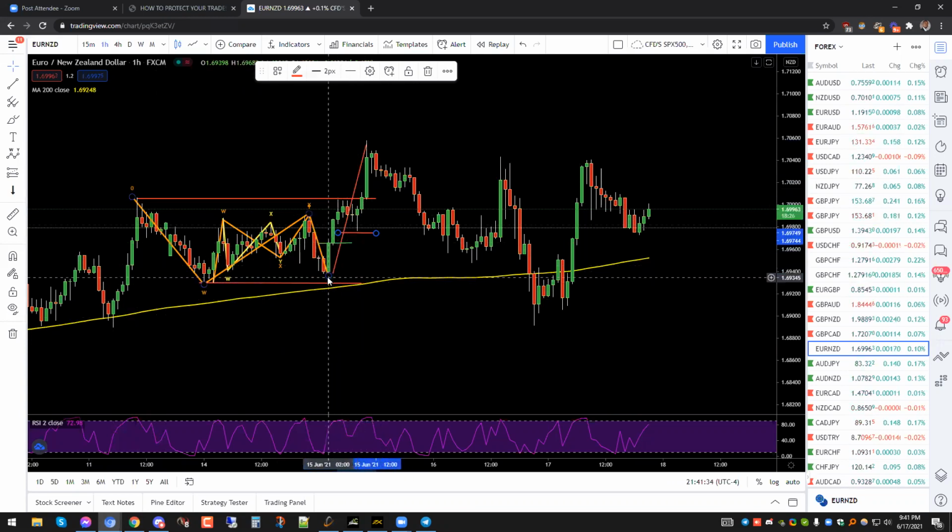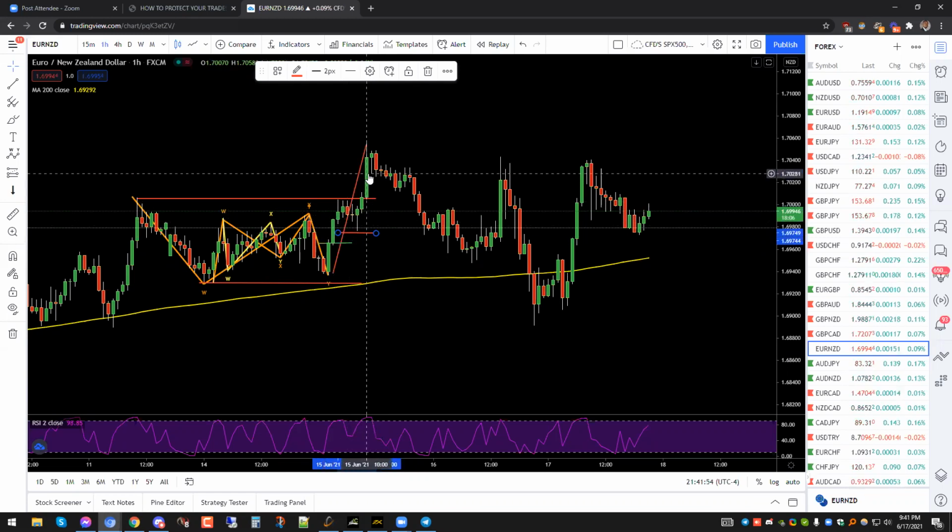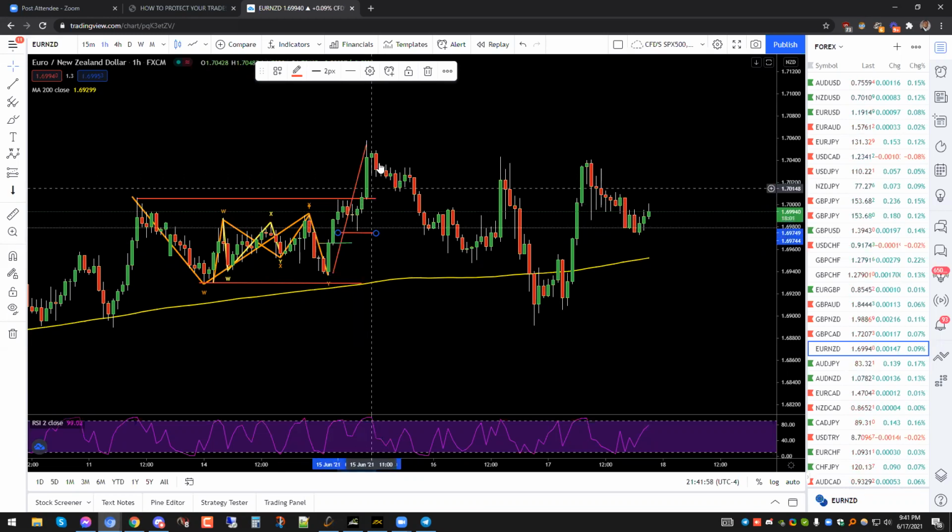And you can see here how we would have been able to move our stop from the low, move it up into a small profit, or even break even if we wanted to. We protect our trades behind corrective formations. So this created a correction. Once it breaks out of the correction, you move the stop up behind the correction because you're going long.